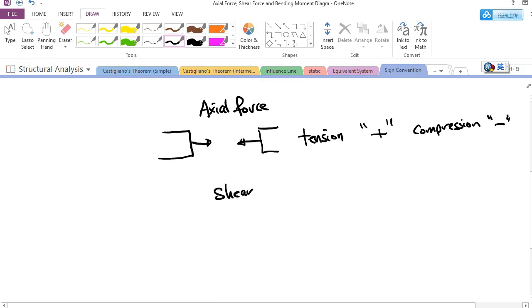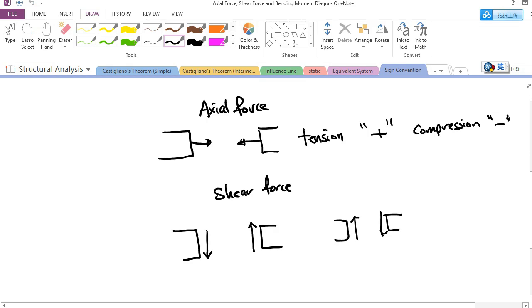Second, the pair of forces that you will find is a shear force. They are either like this or like this. So which one is positive? The convention that we use is like this.